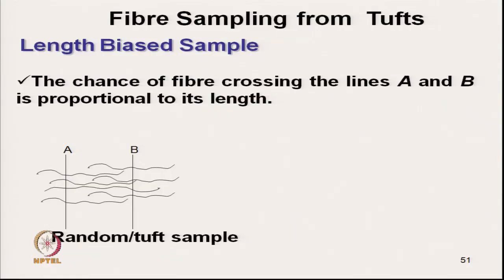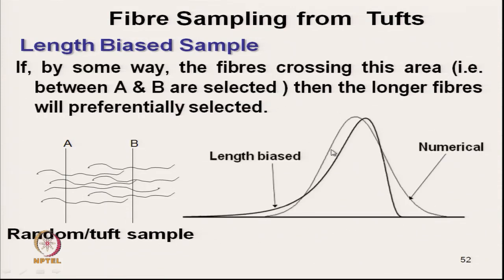And in the length bias sample, the chance of a fiber crossing the lines A and B is proportional to its length. So, within this zone, the chances will be more for longer fiber. This is random tuft sampling, the length bias sampling.